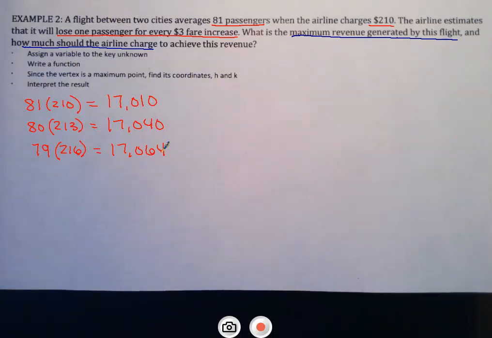Okay. So if you do one, can we just do that? Like 1 times however much money it would be. How much money would it be though? You still need that one passenger left at the end. So 80 times 3 equals 240. So you do 240 times 210.